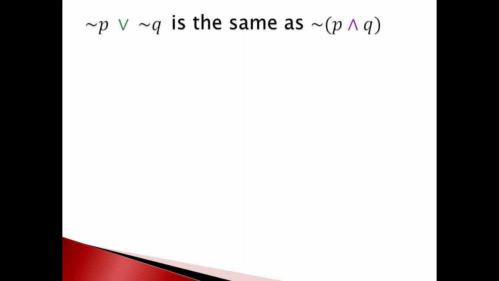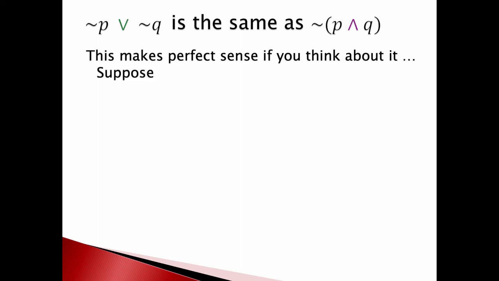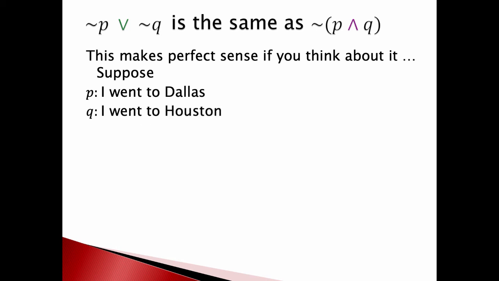Now, this all seems maybe a little bewildering, with all these ands and ors. Let's back off a bit and do an actual example to see that this really does make perfectly good sense when you think about it. So suppose P is I went to Dallas and Q is I went to Houston. That's easy enough to follow, right? No more numbers, no more math even. Those are nice, easy statements.